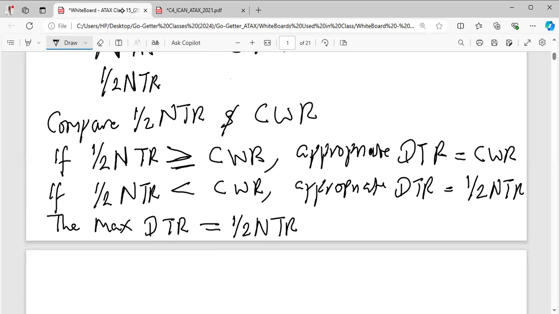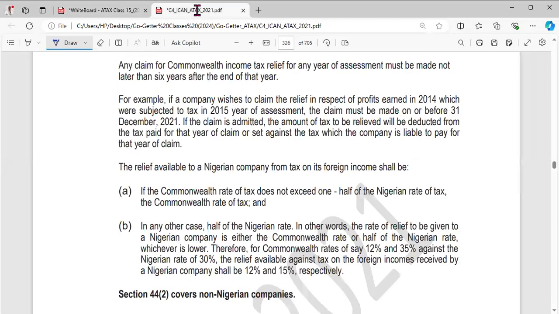So we'll say, okay, we will give you relief, claim relief up to half of Nigerian tax rate. So the essence here: the rate to be given to a Nigerian company is either the Commonwealth rate of tax or half of Nigerian rates, whichever is lower.